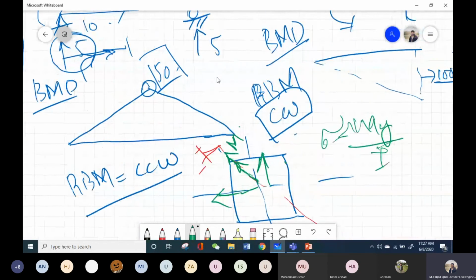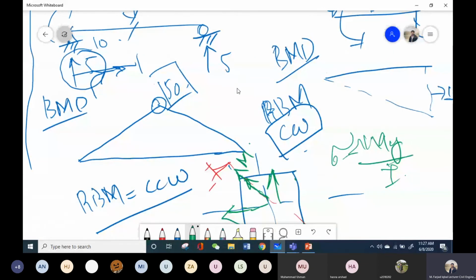So if I have to show this on the right side, let's do that. So this 5 kilonewton, in which direction is it producing bending? Counterclockwise. Yes. So what will be the resistive bending moment? Clockwise.